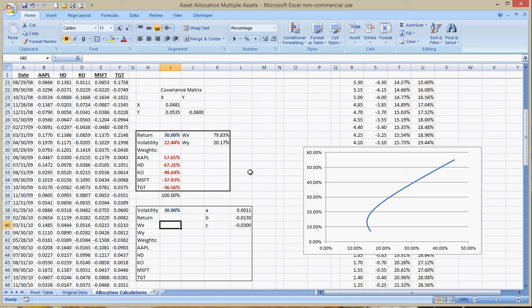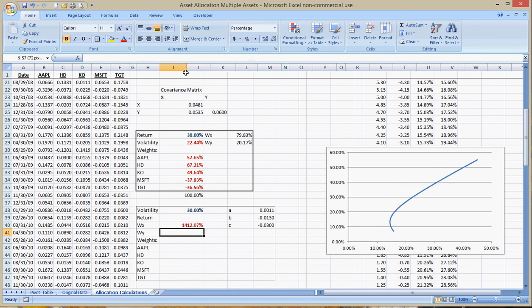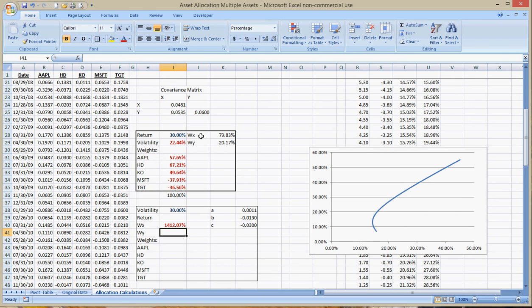So the solution to the quadratic equation is, and I need to put this in parentheses on the top, minus B plus or minus, so let's do plus, the square root of B squared minus 4 times A times C, all that divided by, make sure you have the parentheses right, 2 times A. And that number, that weight, really doesn't mean much of anything to me. 1 minus that is the weight of X.